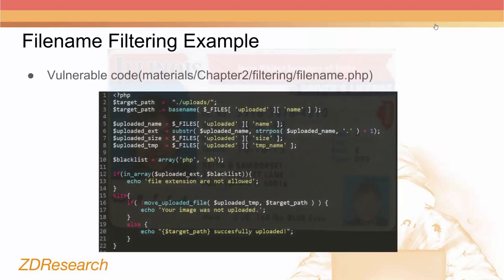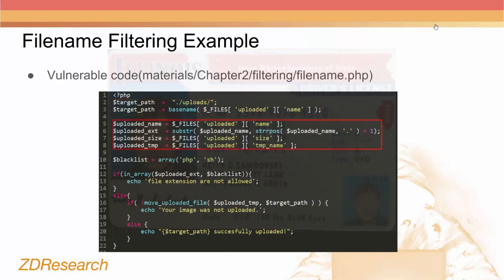Let's see an example of vulnerable code that does this. You can see this code, which is available in the chapter materials. As you can see, there's an uploader that gets a file name that's uploaded by the user and attempts to upload it to the target path, which is /upload/ in the current folder.